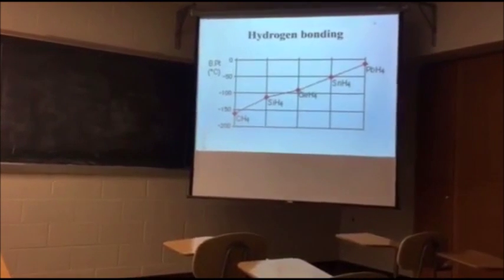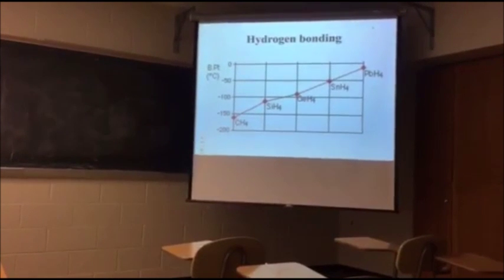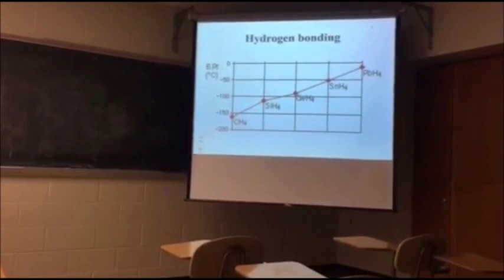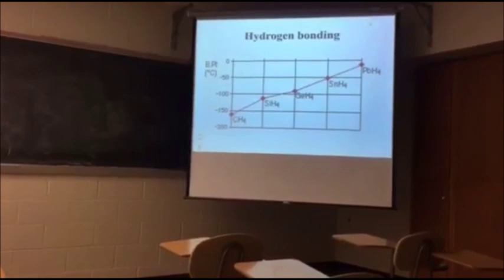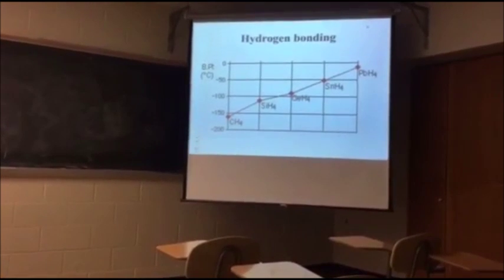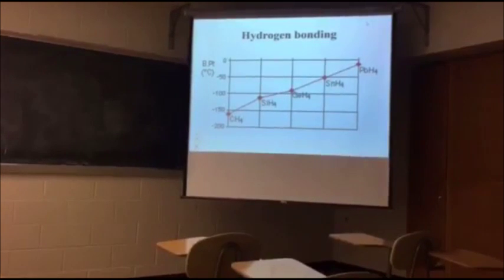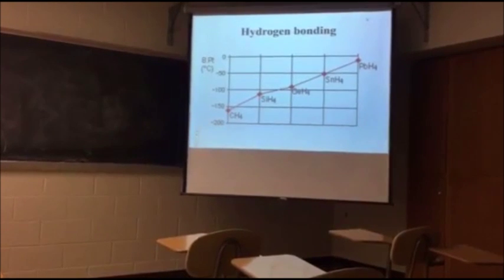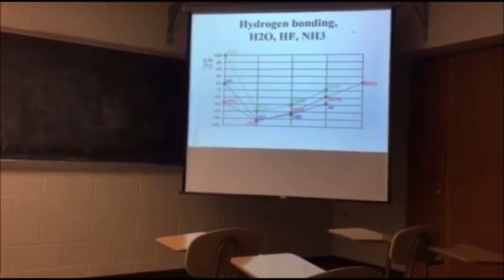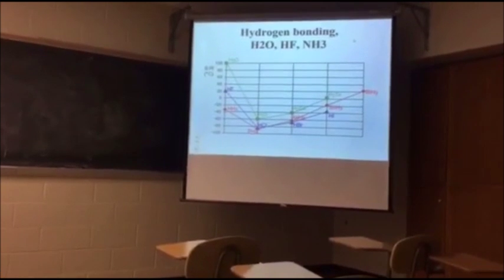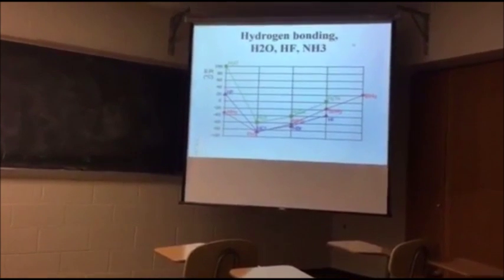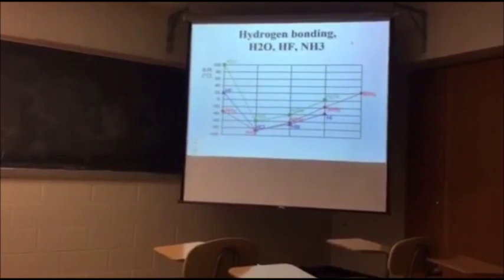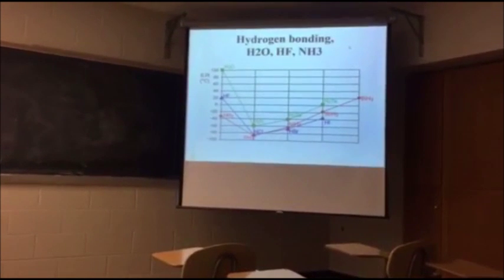Now we have hydrogen bonding. As you can see, this graph is of boiling points on group 4 of the periodic table, and you can see a steady incline of the temperature. But when you add in group 5, 6, and 7, you can see outliers on the first row of each of those.